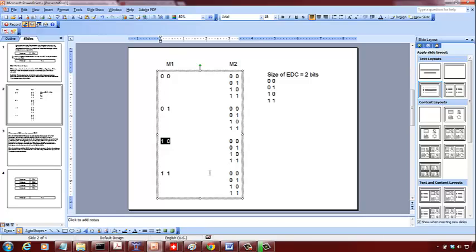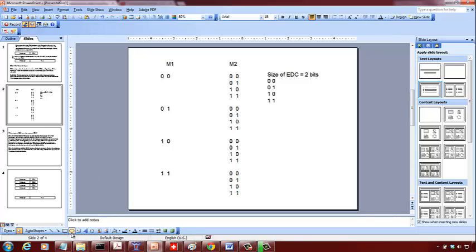So we have 16 possibilities, right? If it is 0 0 for M1, it's going to be one of these 4. Again 0 1, the same 4. 1 0, one of these 4. So out of these 16 possibilities, there are only 4 scenarios where the two messages have the same error detection code. When does that happen?